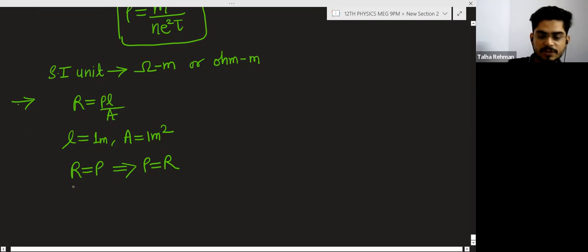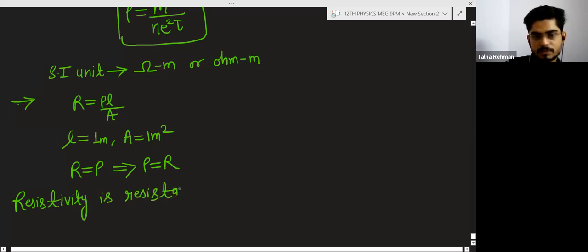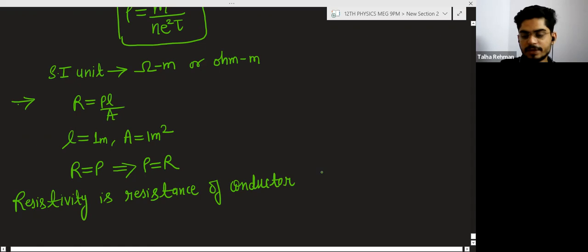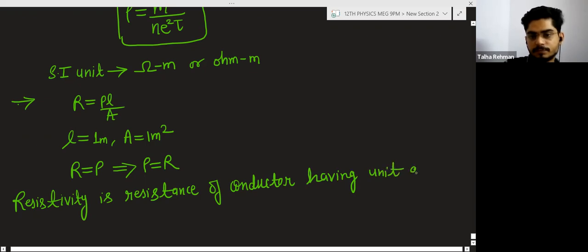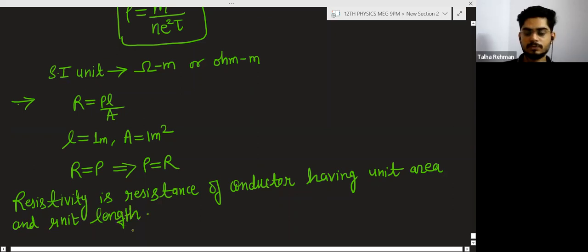So for the definition of resistivity, you can write: resistivity is the resistance of a conductor having unit area and unit length.